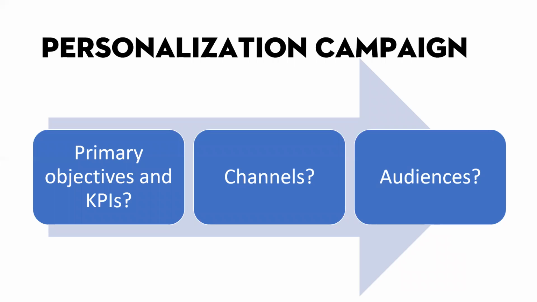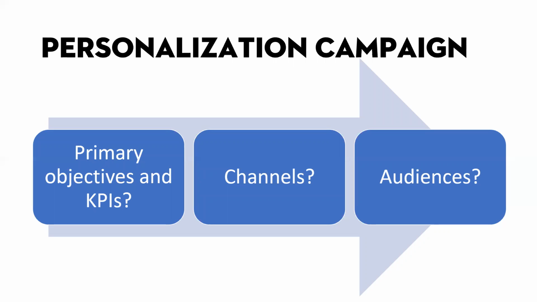Here you can see three main questions that you should ask before you set up or configure a campaign in Interaction Studio. Your primary objective: what kind of problem do you currently have and how do you want to solve it? What will the objective be, and then how will you measure it, because without measurement, we can't see if our campaign is successful or not.